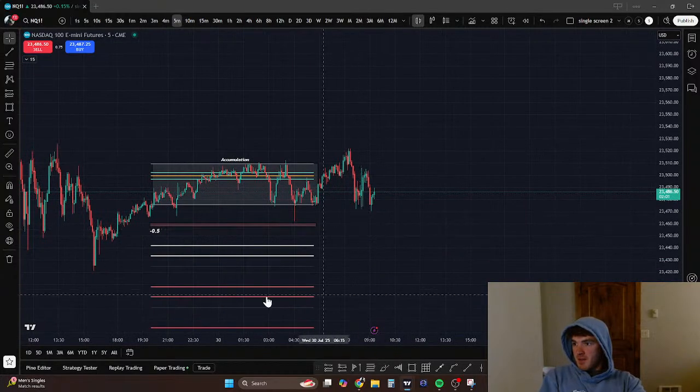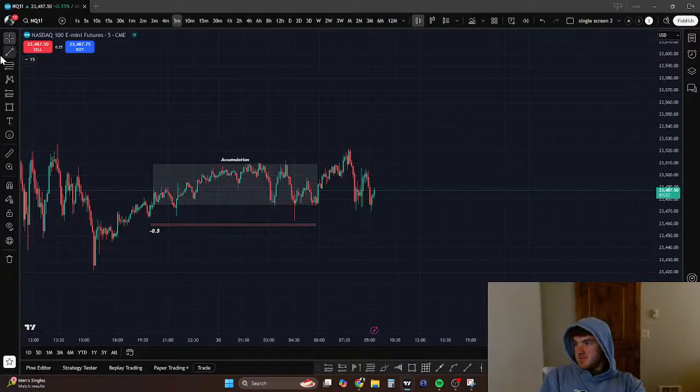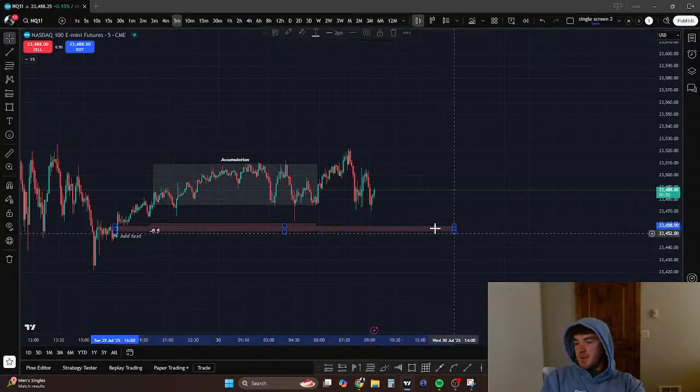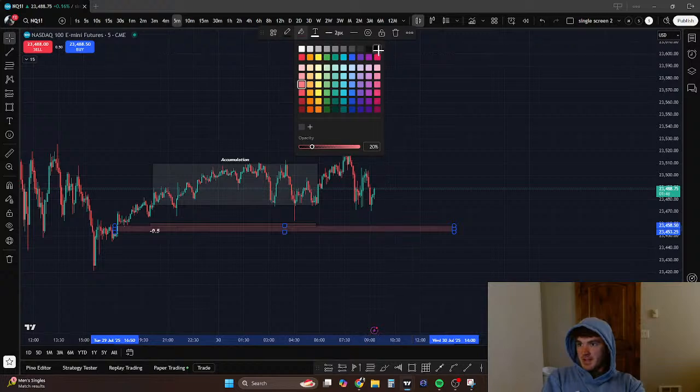Once again, we have that fair value gap there as well. 5-minute fair value gap too. So this might be better as a 5-minute, 30-second trade if we did get something.